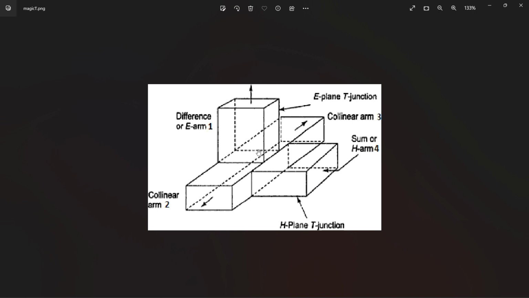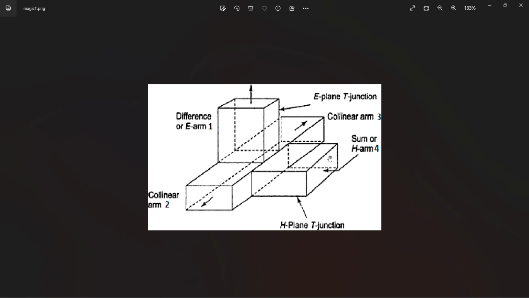If you give input in the E-plane arm, as it is a difference arm, no output will be there in the H arm, and over the collinear arms, equal magnitude, opposite phase output will be received.